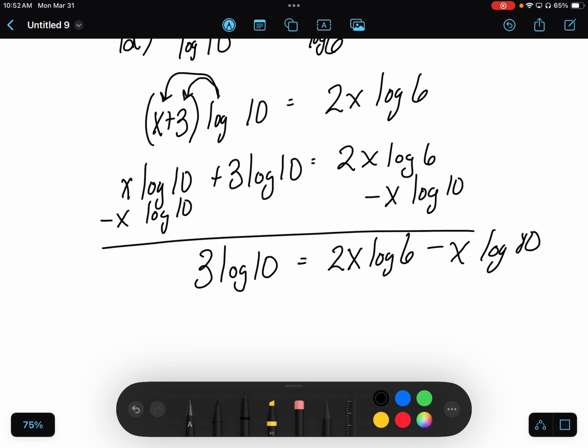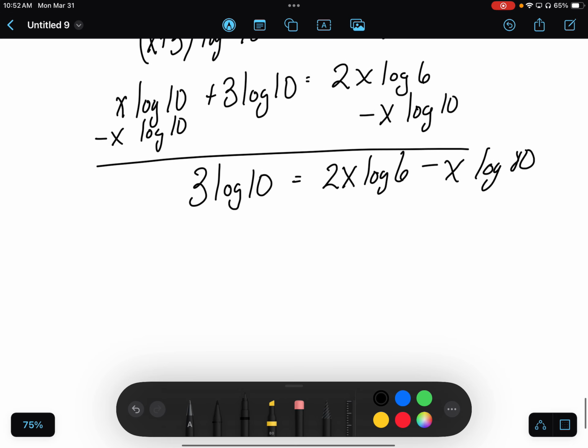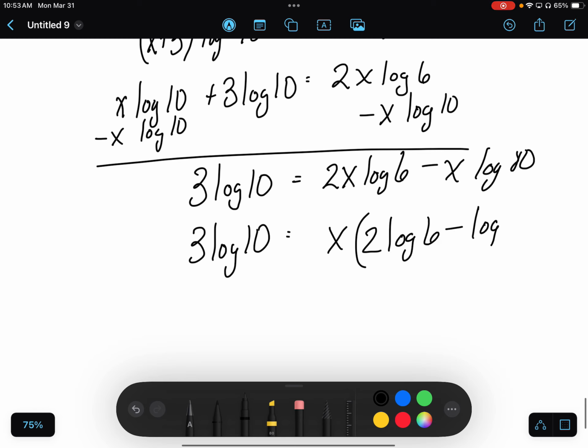And the reason why I did that is so that I can get my x's to one side, so then using factoring I can take an x out. So 3 log 10 equals x times 2 log 6 minus log 10. So I got it down to 1x, which is what I wanted. And then how do I get rid of times? Divide. And the whole bottom is this stuff.